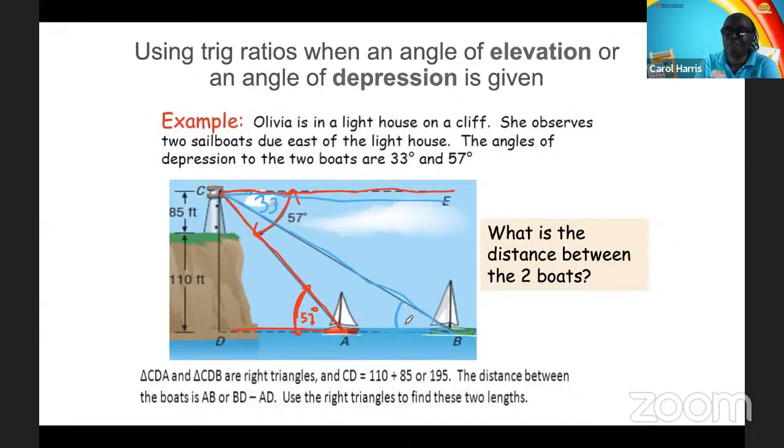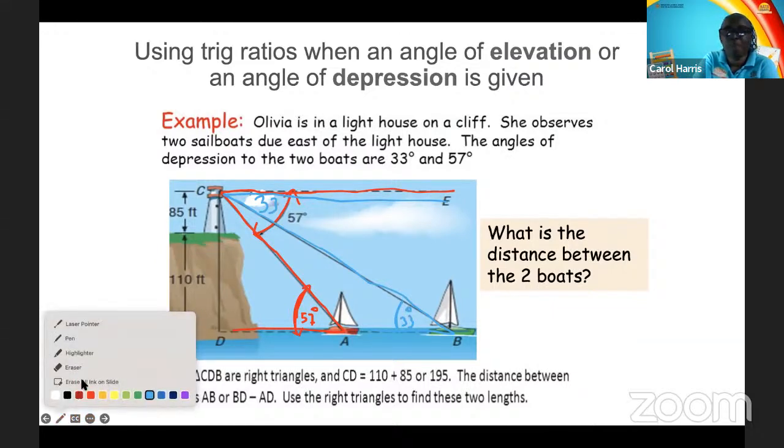All right. So if I wanted to find length AB, I find the longer distance and take away the shorter distance. That's how I'd find the distance between the two boats. Any questions on that? What do you say about taking away to find the distance again?